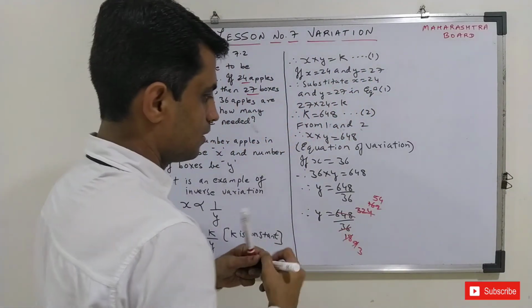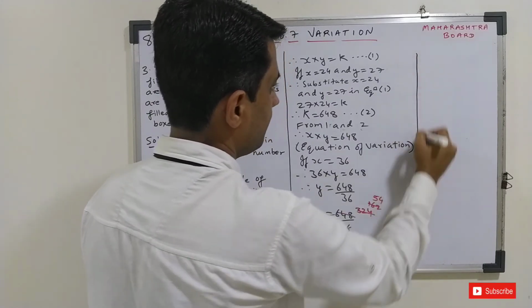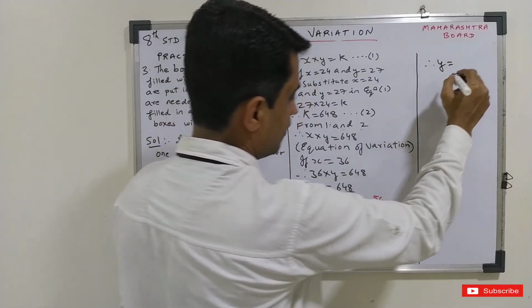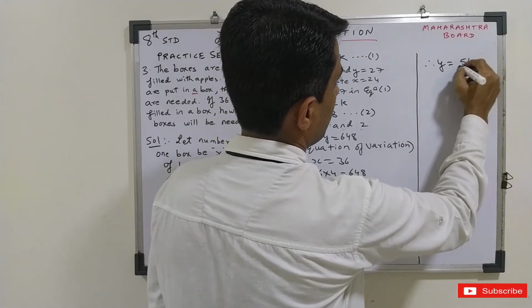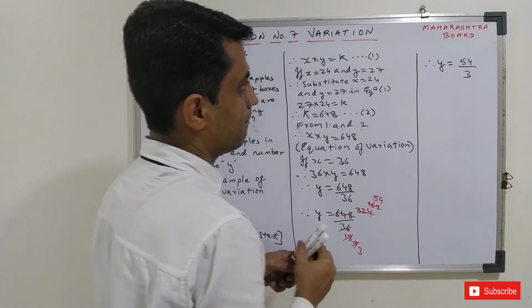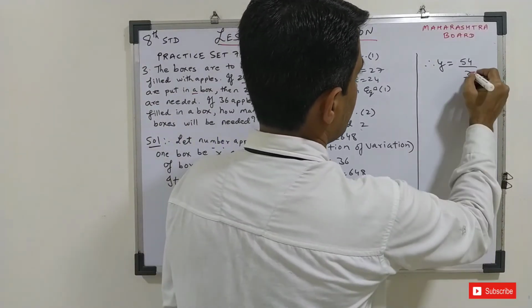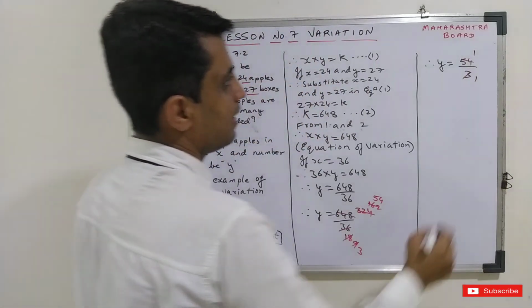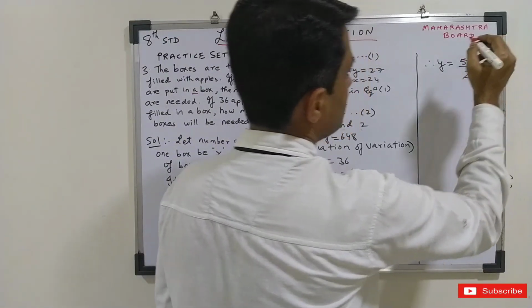So what we got is the value of y, and cancelling further, y is equal to 54 upon 3. 3 divided by 3, what you will get? 3 ones are 3, 3 eights are 24, meaning 18s are.